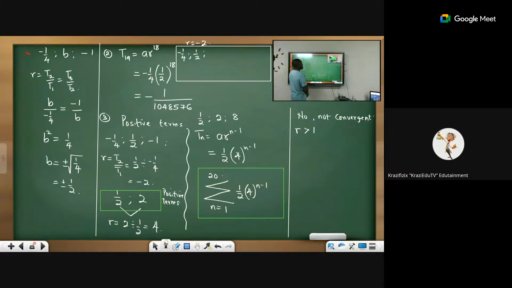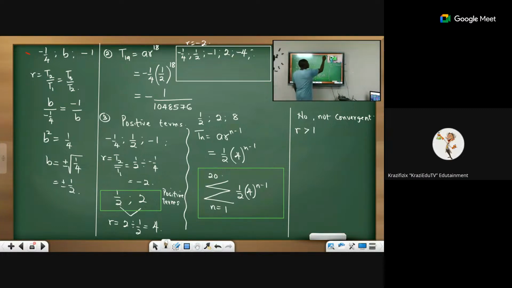What is half times -2? -1. Can you see we are back at our term? What is -1 times -2? 2. What is 2 times -2? -4. What is -4 times -2? -8. No, +8. Sorry.